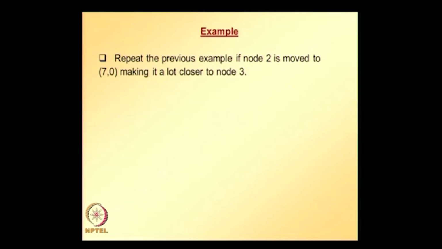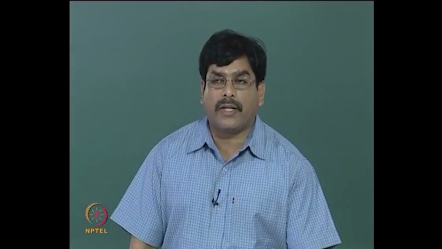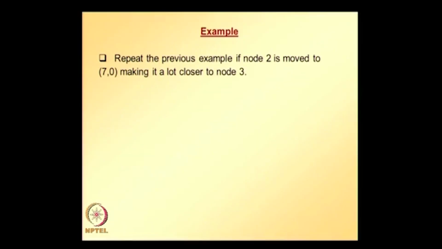In the earlier case node 2 was located at 4 0 location. Now it is moved to 7 0 location, except that all the other nodes, the locations of other nodes, remain the same. So, the nodal coordinates get modified like this.